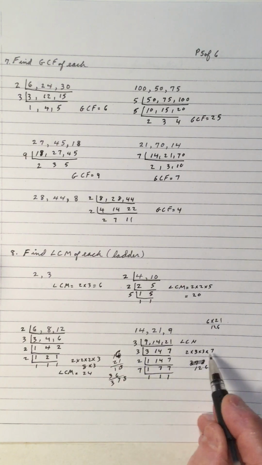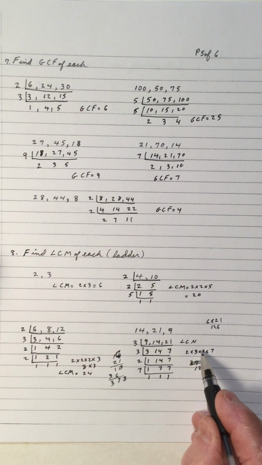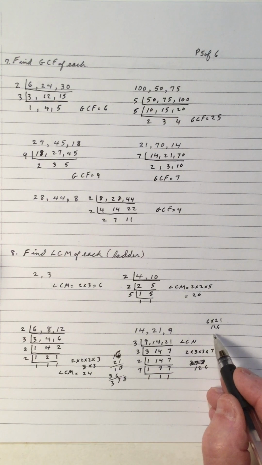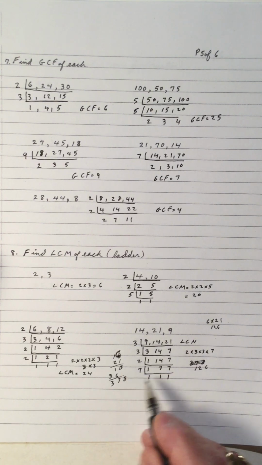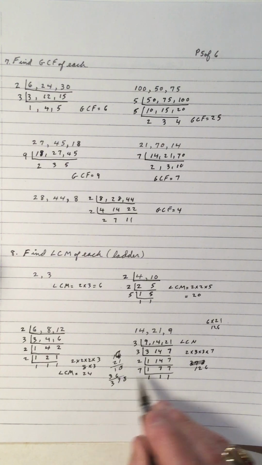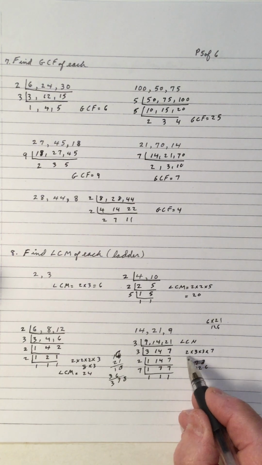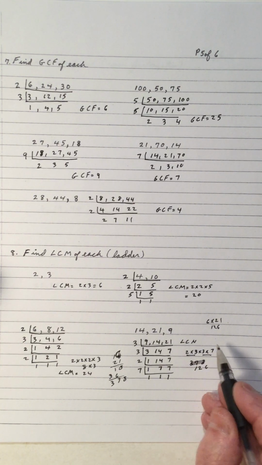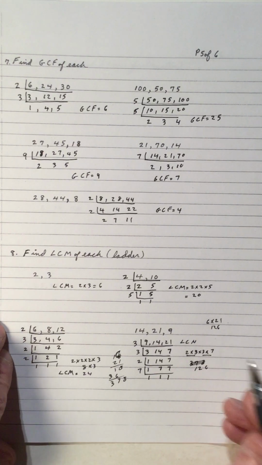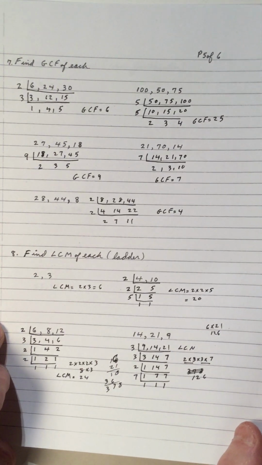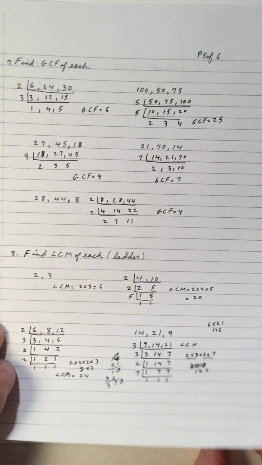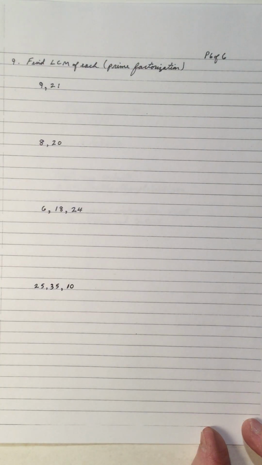It's supposed to be 6. I multiplied these two and got 18, but it's supposed to be 18 times 7. So I check myself again. That's a 6, that's a 21. When you multiply, you get 126. So I checked myself, which was good. Sometimes if you're checking, make sure you do it right.